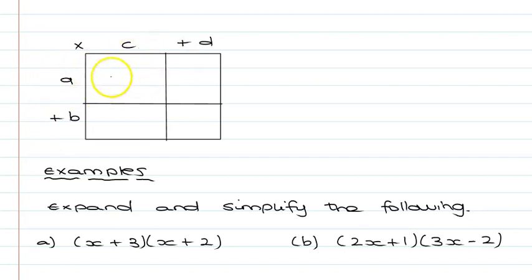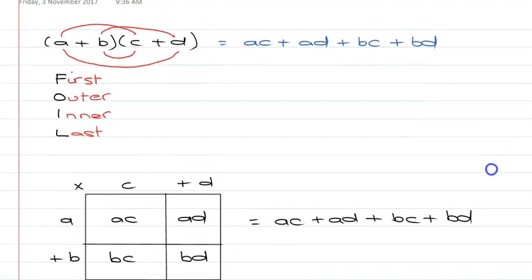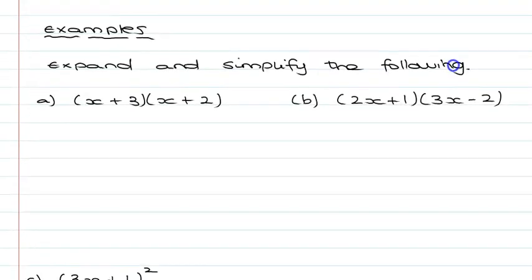This first box is a times c, so ac. This is ad, this is bc, and this is bd. Usually with this kind of multiplication grid, you add them together at the end. So you get ac plus ad plus bc plus bd, which, as you can see, is exactly the same as when you're using FOIL.